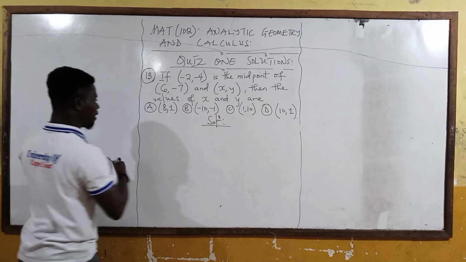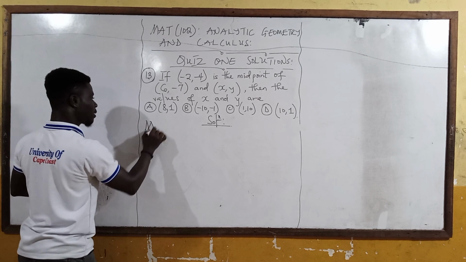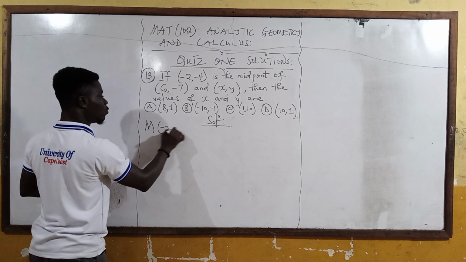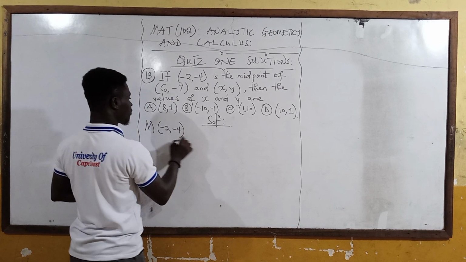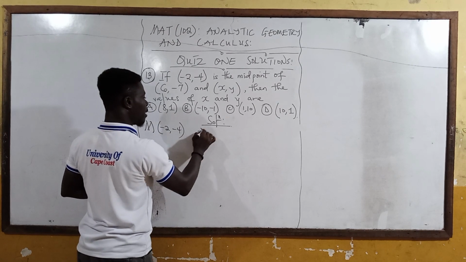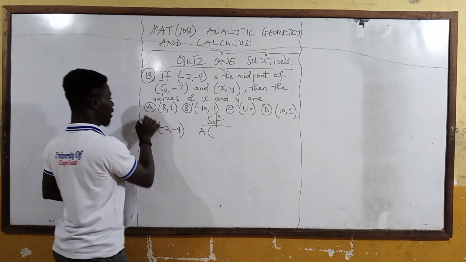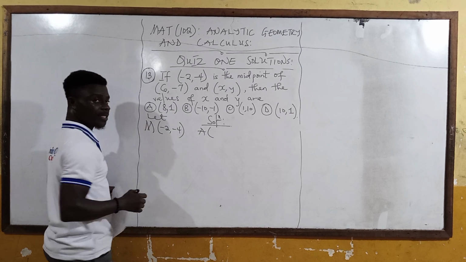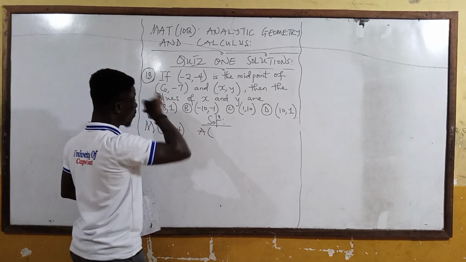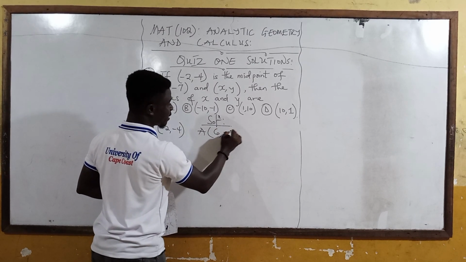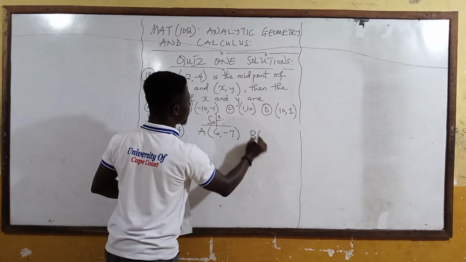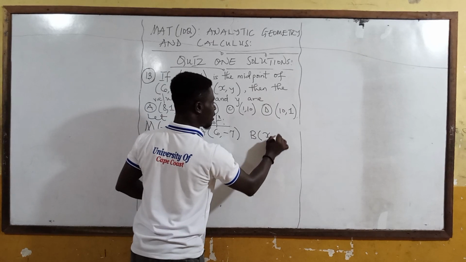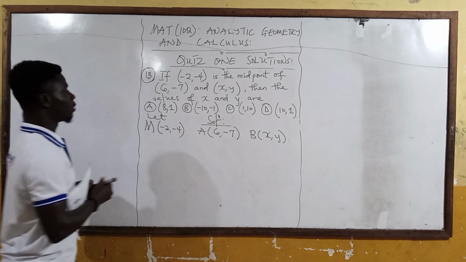So now let's see. This is the midpoint given, which is -2, -4. Let M be the midpoint, which is -2, -4. Point A is 6, -7, then point B is x, y.